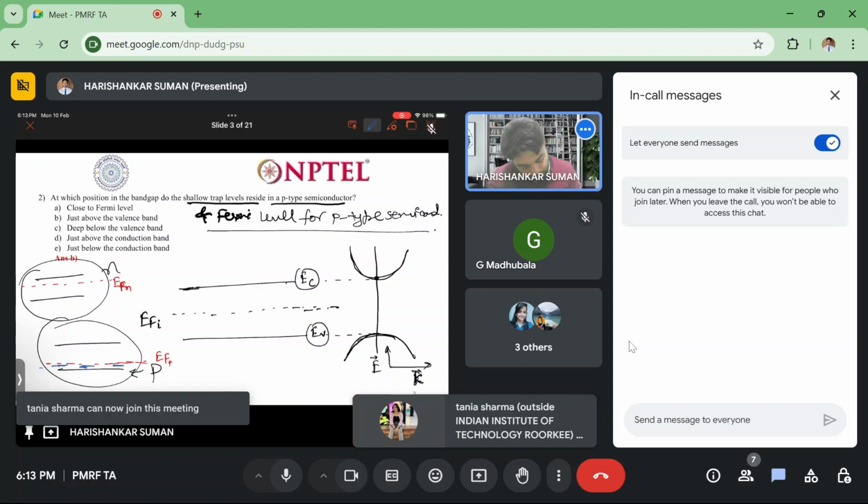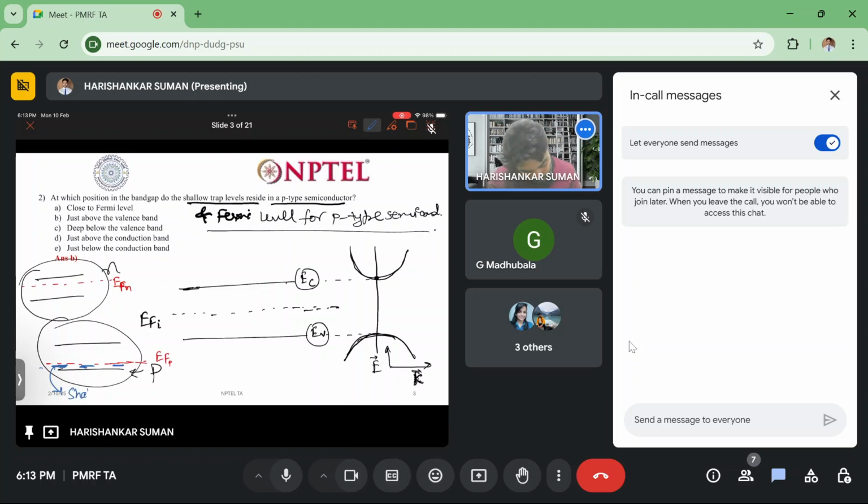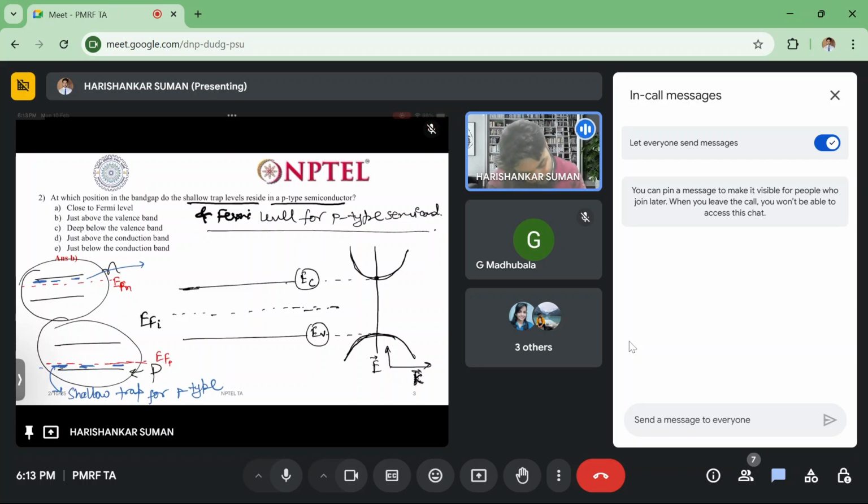Okay, this will be the shallow trap for p type, and near like that here will be the shallow trap for n type.